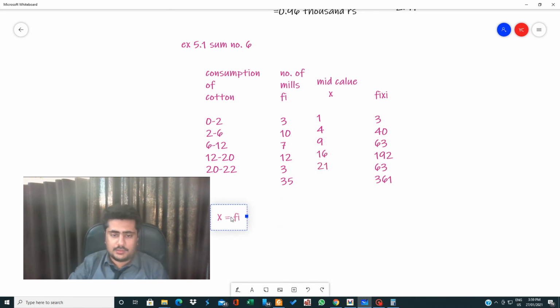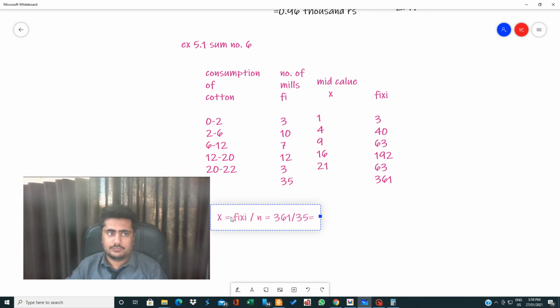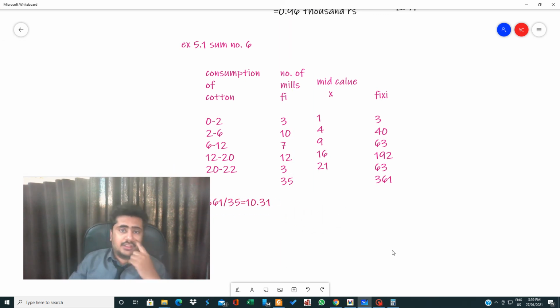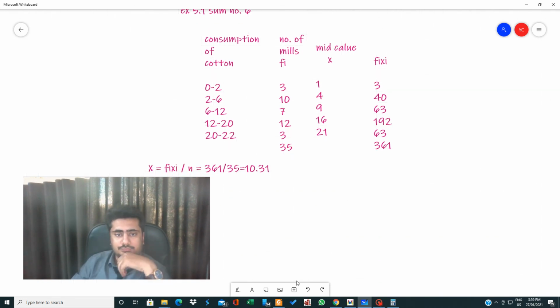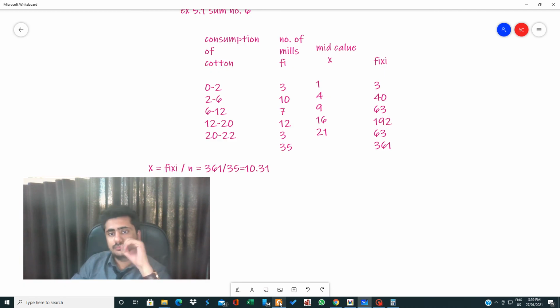So my x bar is sigma fx upon n, that is 361 upon 35. So this is 10.31. Then let us find the median.